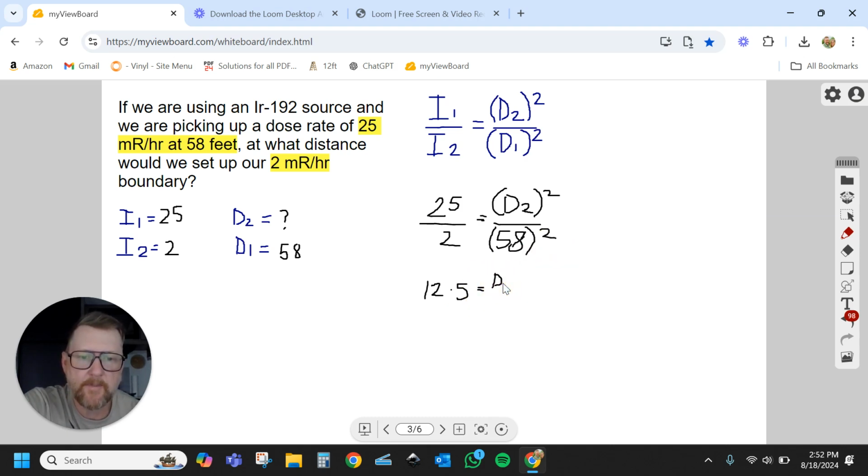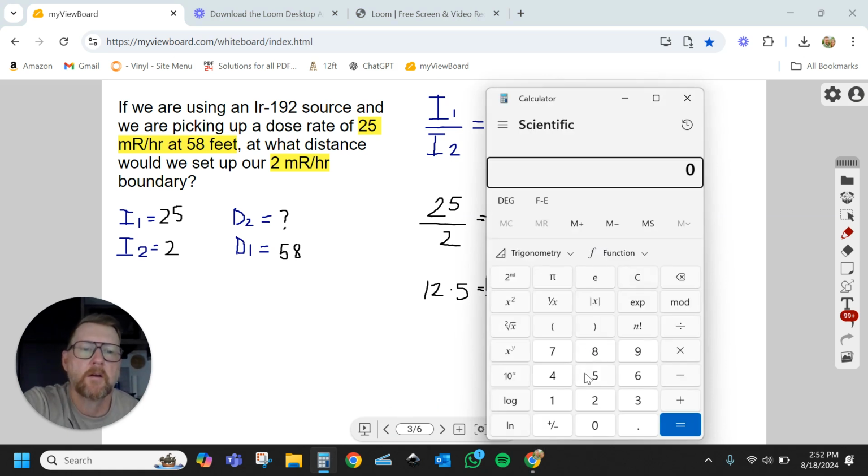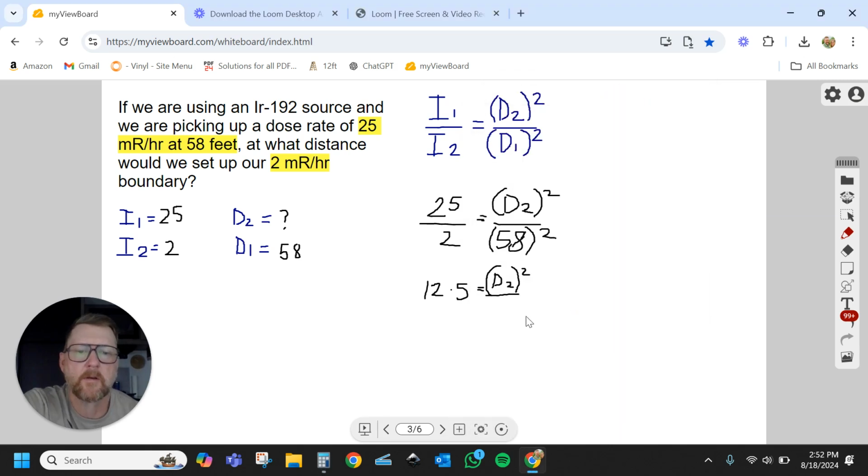Nothing we can do with that, over 58 squared. 58 squared, 3364. Now, we've got 12.5 equals D2 squared over 3364. Or you could say D2 squared divided by 3364.